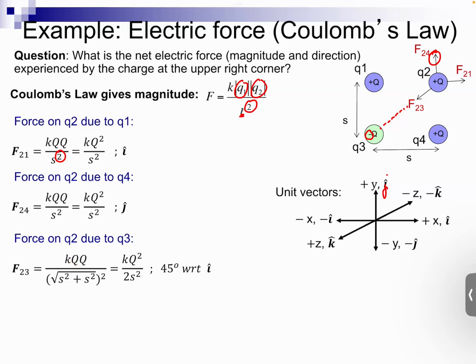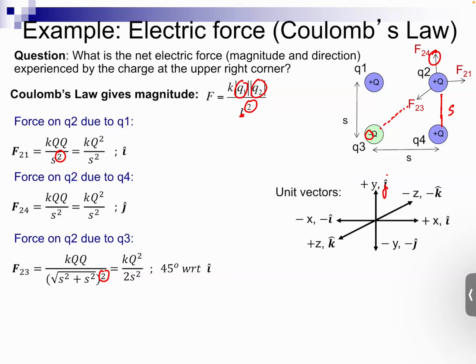The distance is the hypotenuse of this right angled triangle. Both sides of the triangle are S, so this hypotenuse is the square root of S squared plus S squared. And don't forget there's a square in the distance as given in Coulomb's law.